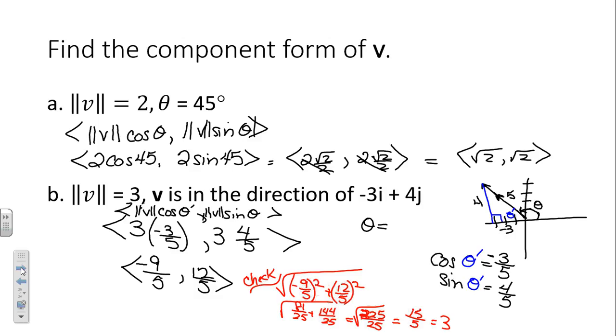Other questions? Yep, this is your final answer for this one. Unless they wanted it in linear combination form, it would be negative 9/5 i plus 12/5 j. So far, so good? All right, great questions.